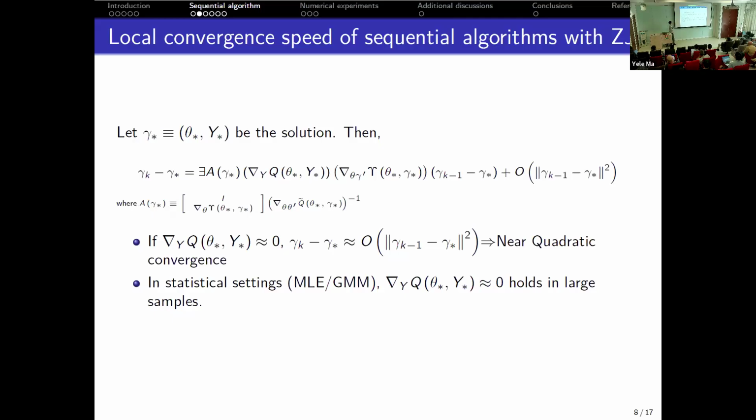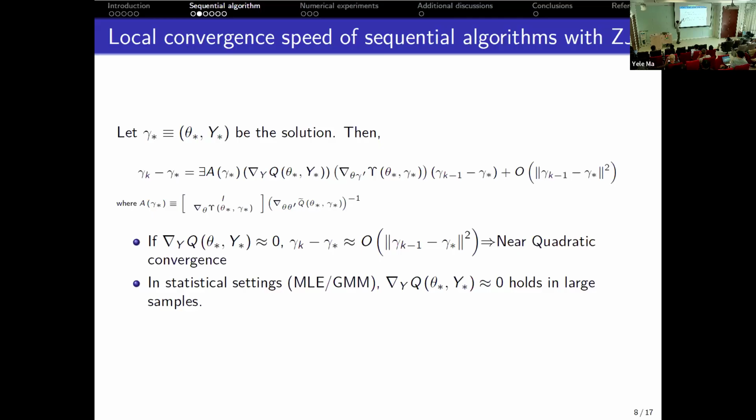Next, we consider local convergence speed of the sequential algorithms with ZJP around the solution of the constraint optimization problem. Concerning this, we can derive this formula. On the left-hand side of this formula is a distance between gamma k and gamma star.